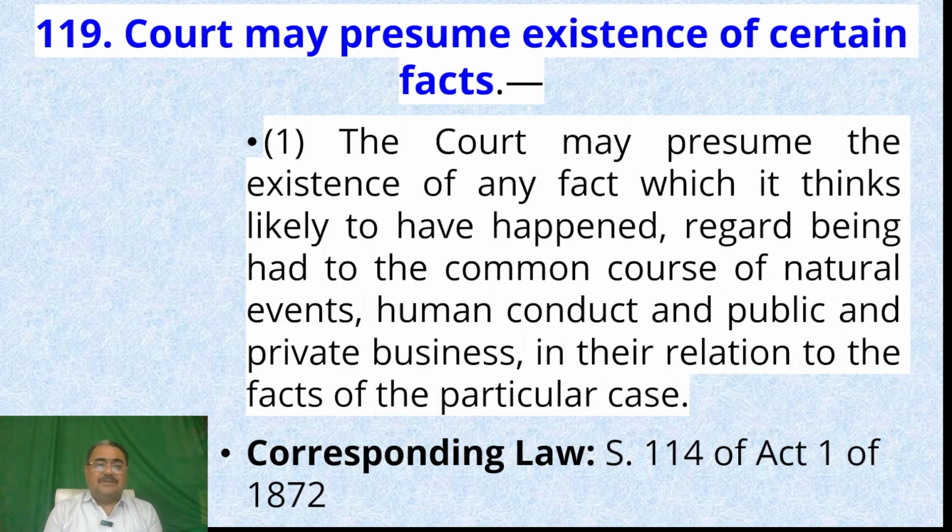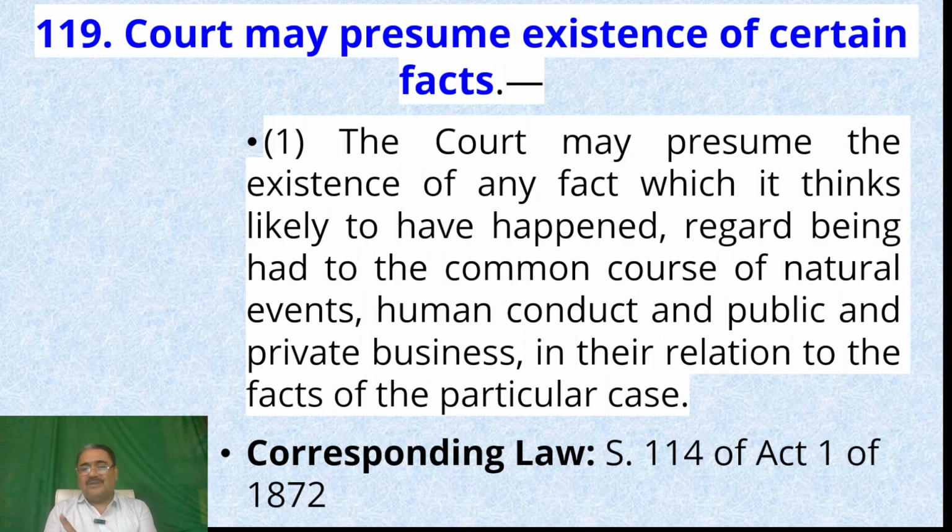Now, the most significant section on "may presume", or presumption of fact, is 119. Earlier it was 114. If you see this section, it is so broadly worded that whatever we naturally presume in our day-to-day life, this section talks about those kinds of presumptions. So what does it say? The court may presume the existence of any fact which it thinks likely to have happened, regard being had to the, what are those?